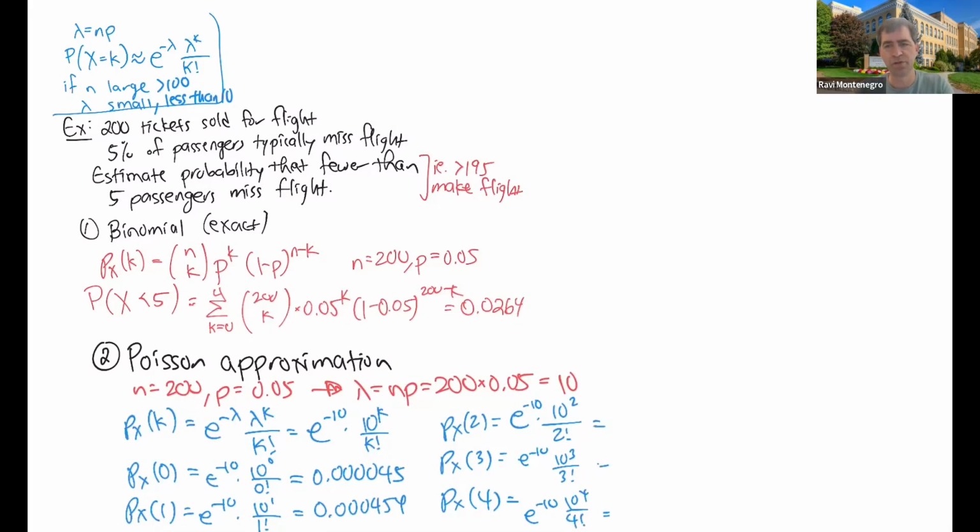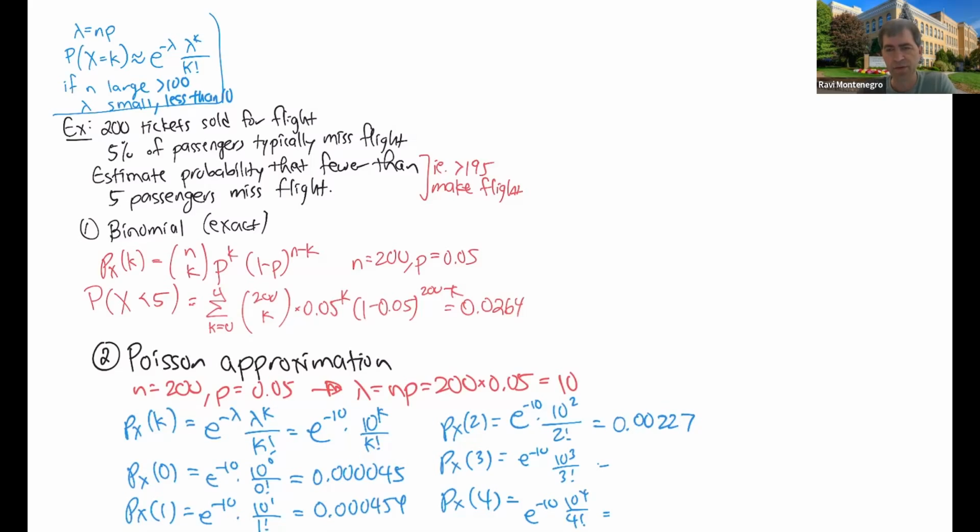For 2, I will be multiplying by 10 squared over 2 factorial. I had more decimal places of accuracy last time, but it's getting out far enough.